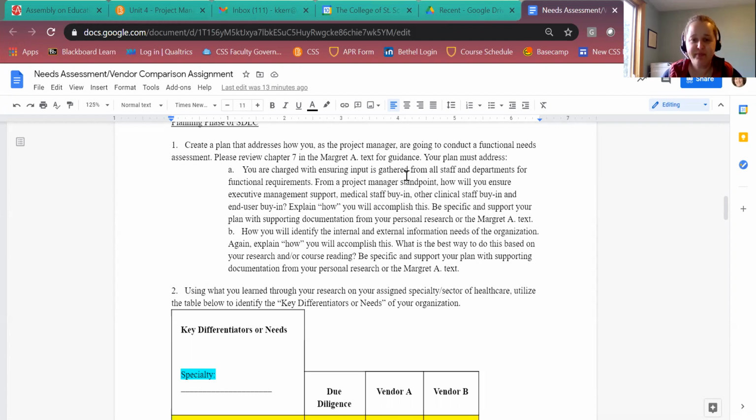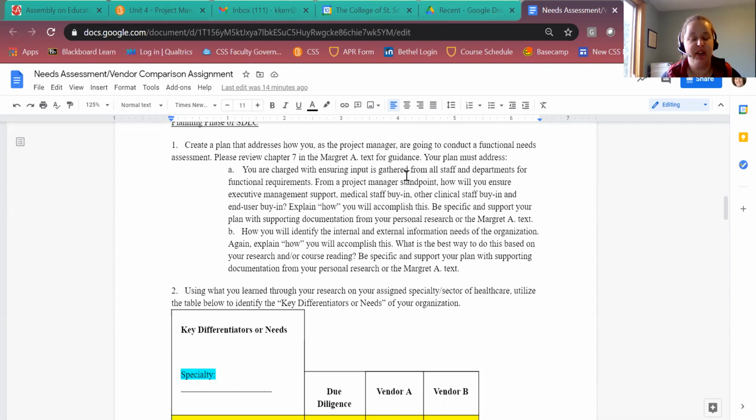With this type of college-level academic writing, it's so important that you support your statements with information from your research. And not just any website on the internet, but reputable resources. That might be HIMSS or AHIMA or CMS, anything from the federal government.